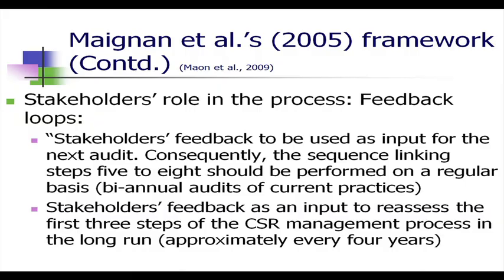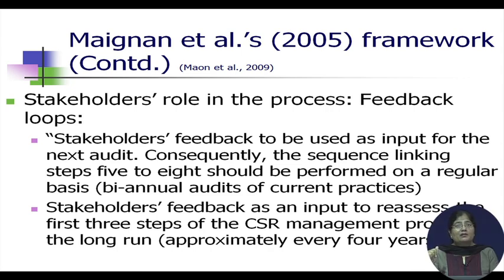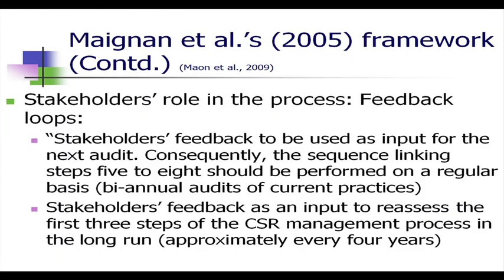What is the role of the stakeholders in the process? Very, very important. There are two feedback loops. The first one is stakeholders' feedback to be used as input for the next audit. Whatever the stakeholders tell you is a benchmark and you work according to that, and during the next audit you say this is what we were supposed to be doing, or this is the expectation, did we meet this expectation or not?